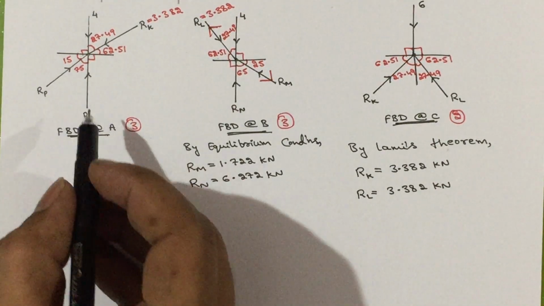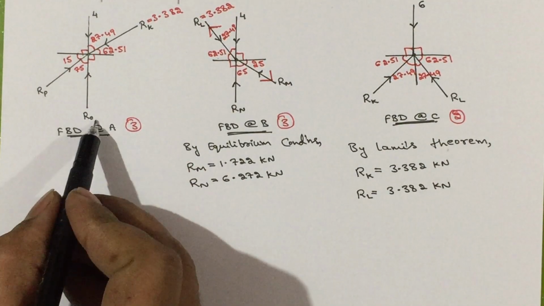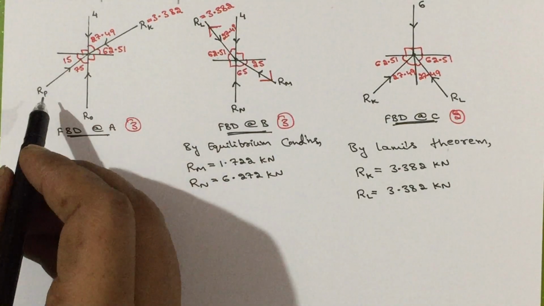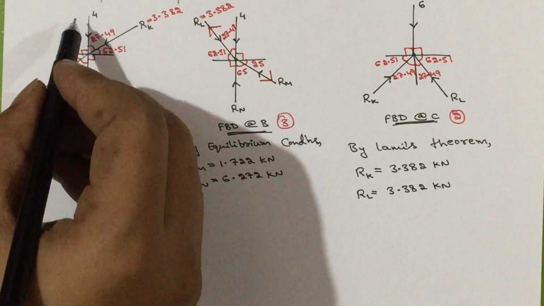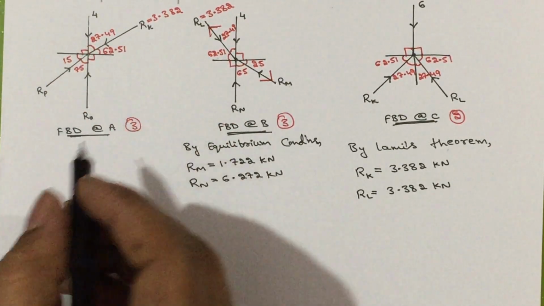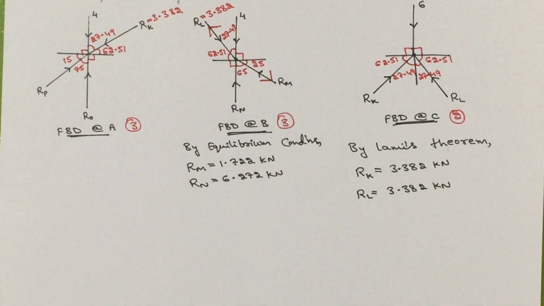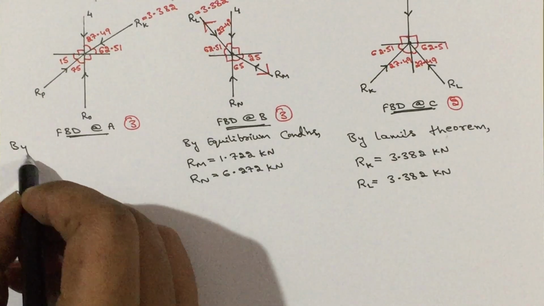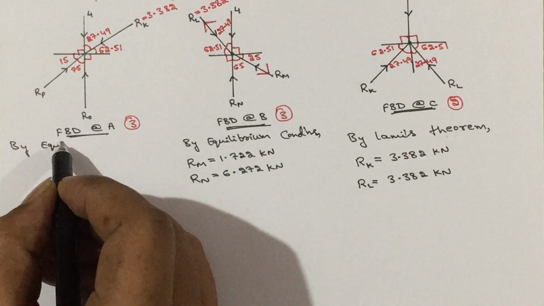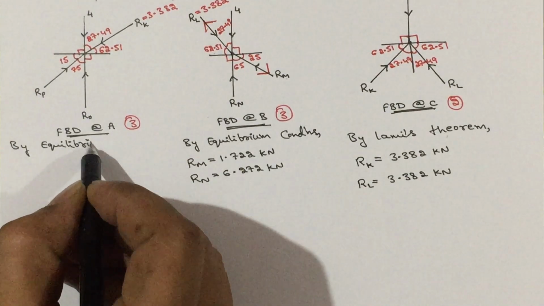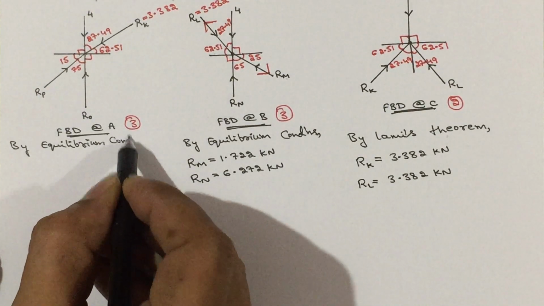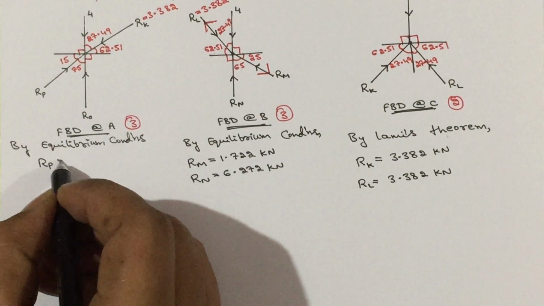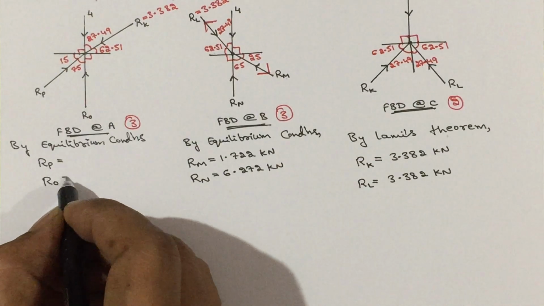Again come to the next free body diagram. Here we have two unknowns now, RP and RO. Therefore, choose the method to solve the problem. For that, count the number of forces: 1, 2, 3, 4. We can't apply Lami's theorem now. So, make use of equilibrium conditions. By using equilibrium conditions, we will get the RP value as well as the RO value.